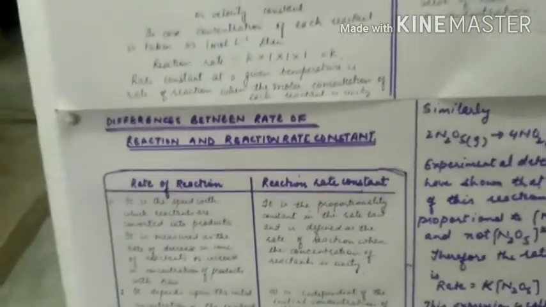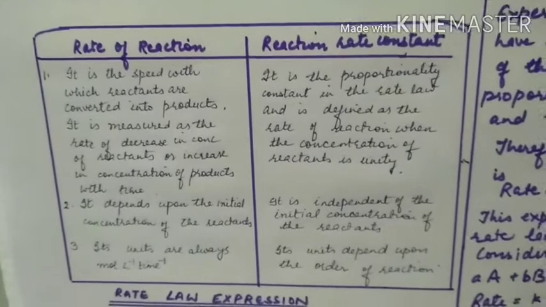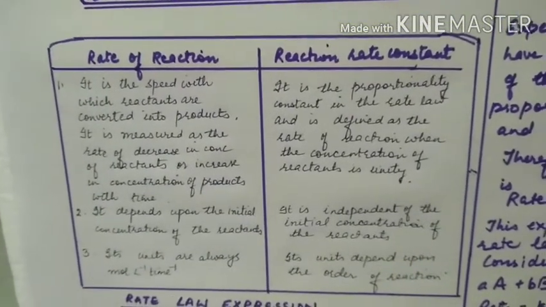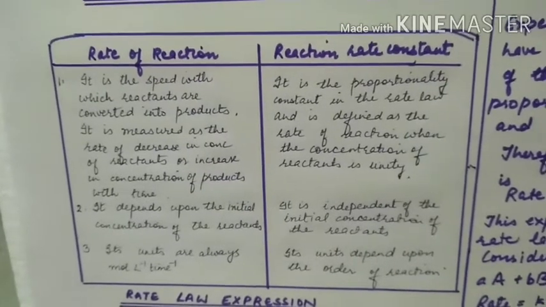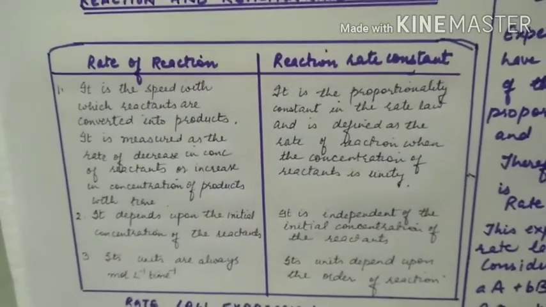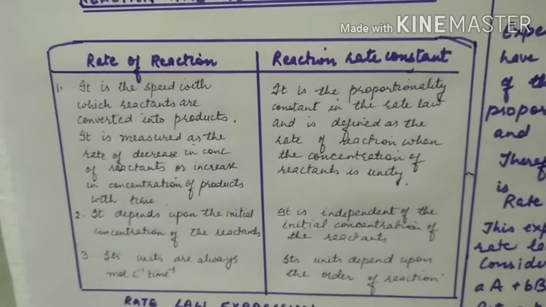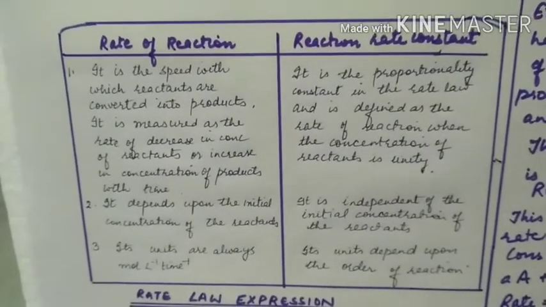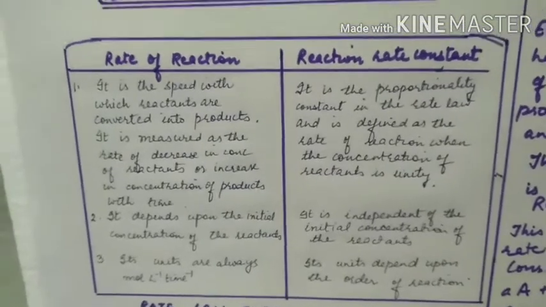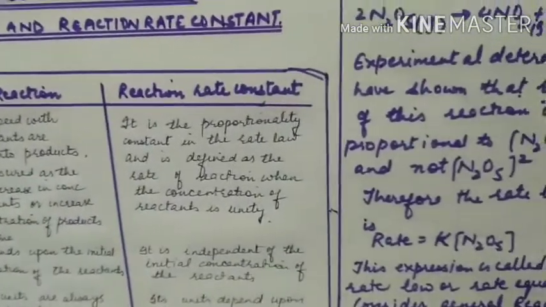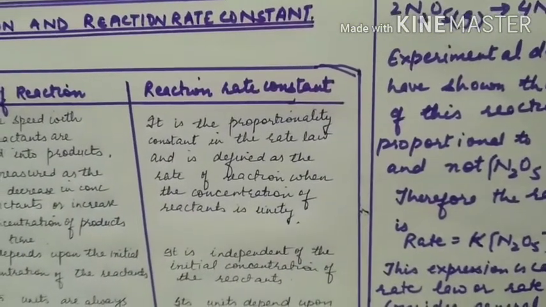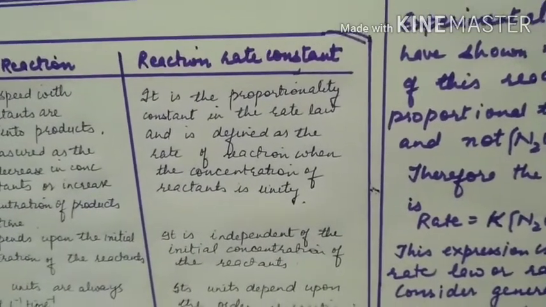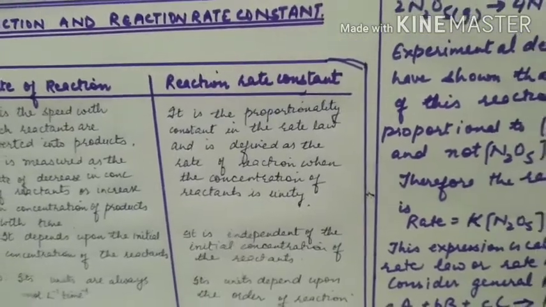Now, difference between rate of reaction and reaction rate constant. Rate of reaction is the speed with which reactants are converted into products and is measured as the rate of decrease in concentration of reactants with time or rate of increase in concentration of products with time. Whereas rate constant is the constant of proportionality in the rate law expression and is defined as the rate of reaction when the concentration of reactants is unity.